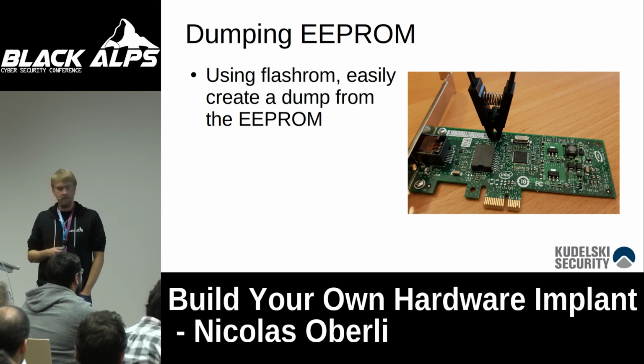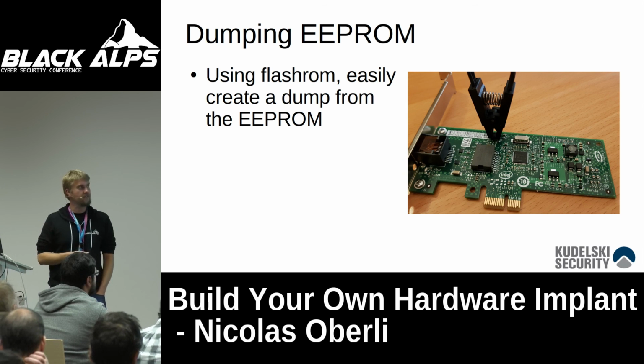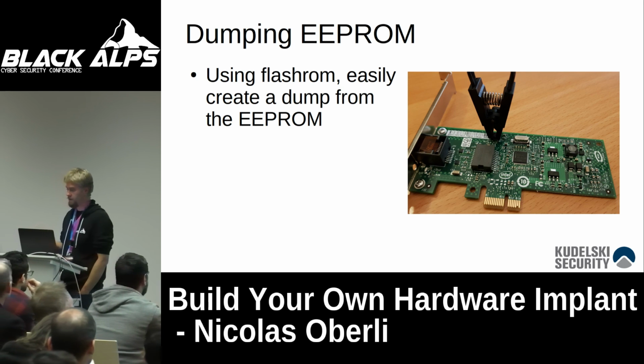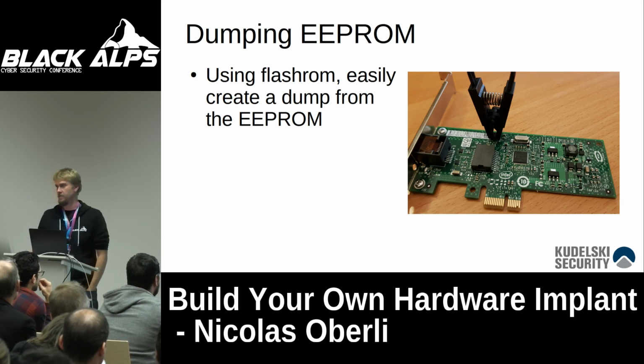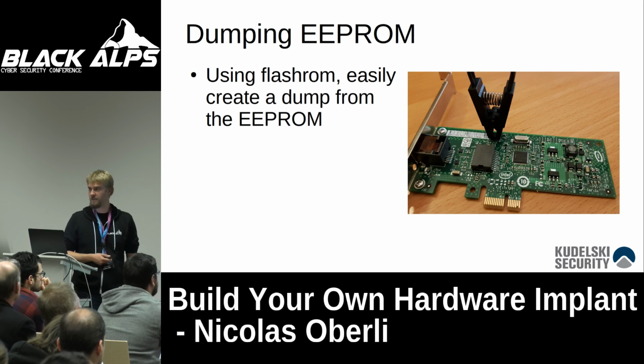Good thing is that on some of the cards you can use ethtool on Linux to actually ask the card for the EEPROM. Some of the cards, like Intel ones, actually allow you to dump the EEPROM from there, but that's not always the case. Another thing that I didn't mention is that, as we've seen, I spent a lot of time routing the wires to the headers there. But the same wires also go down to the PCI Express here.